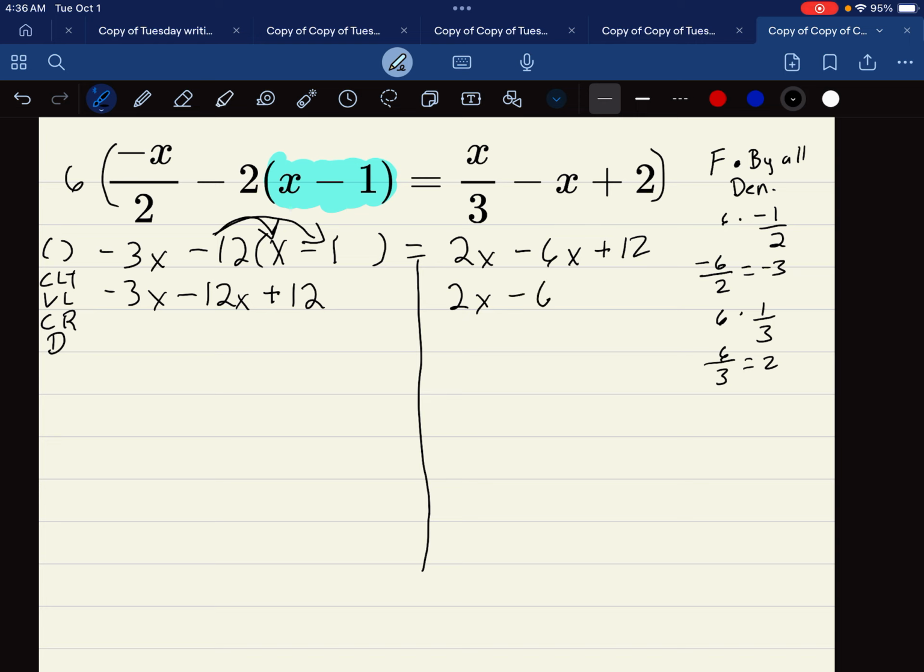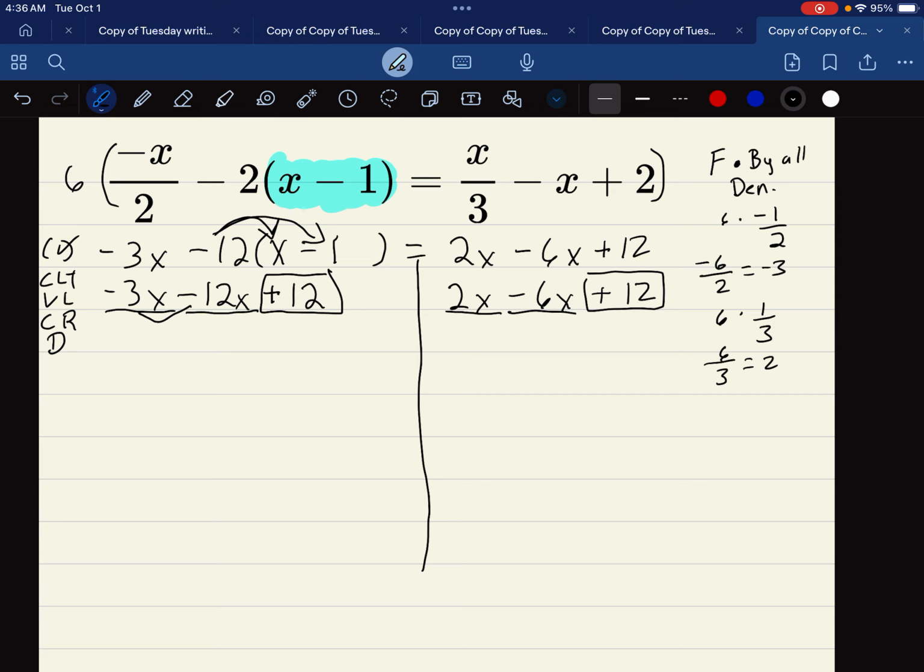2x minus 6x plus 12. Now we got like terms to combine. This is a like term, and this is a like term. This is not. This and this both have x's, so they're like terms. This is a constant. So we combine these two.